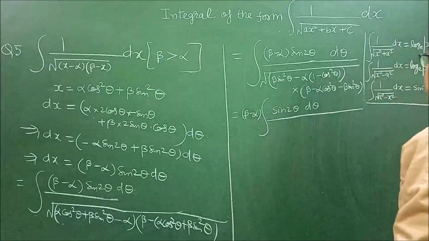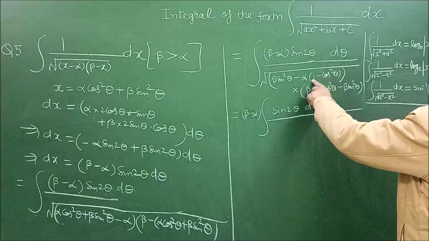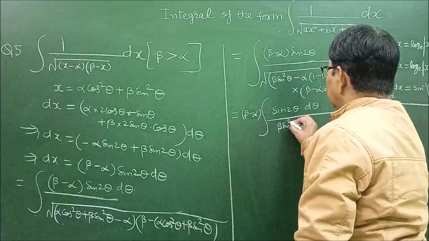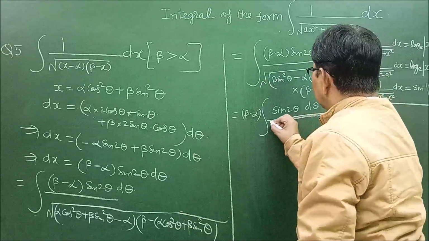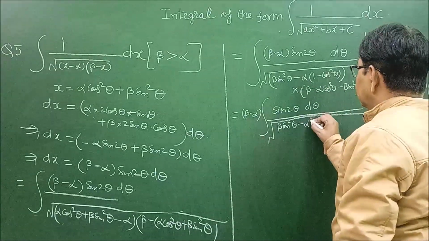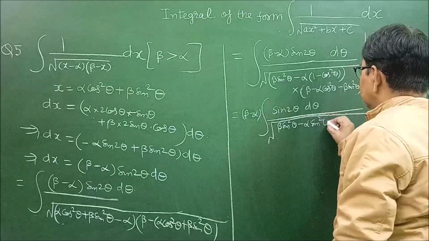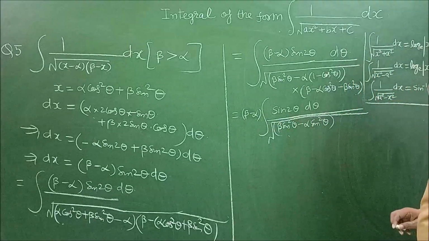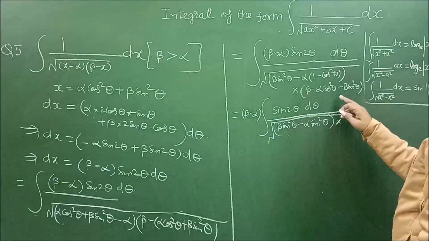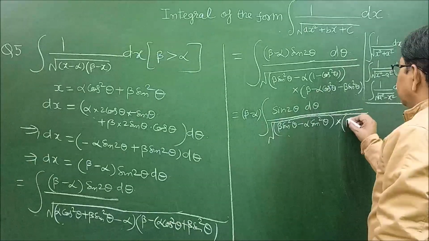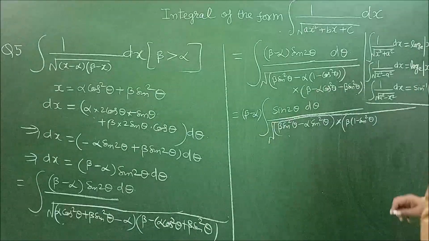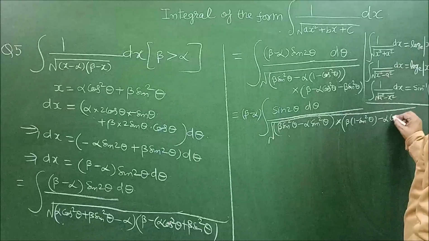upon, and from here 1 minus cos squared theta is equal to sin squared theta. So we can write beta sin squared theta minus alpha sin squared theta, this is the first bracket, into, from here we can take beta common, beta into (1 minus sin squared theta) minus alpha cos squared theta.